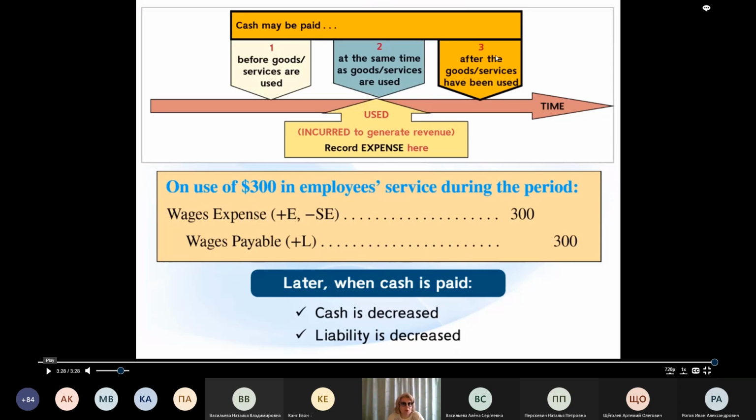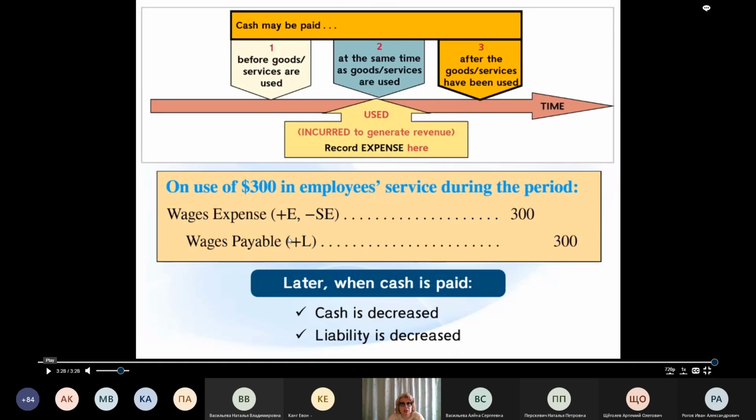And finally, the most common situation is when cash is paid after the goods and services have been used. In this situation, first of all, we should recognize the expense. Let's take the example of employee expense. We should recognize the wages expense on debit, and at the same time recognize a liability to make a payment in the future.